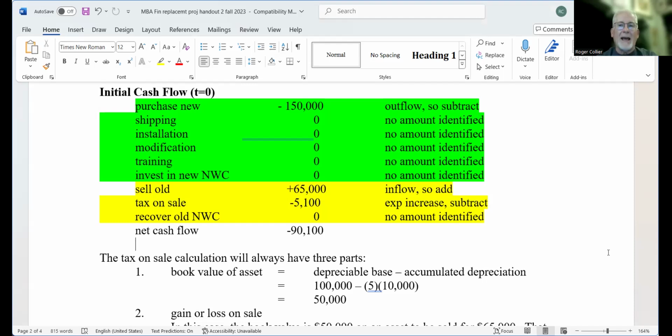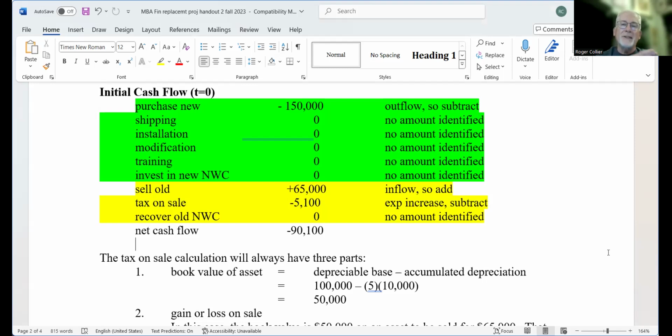That's cash going out, so we subtract it. Right? What about the old one they're getting rid of? Well, they expect to sell it for 65,000. And that's there. 65,000 cash coming in, so we add it.